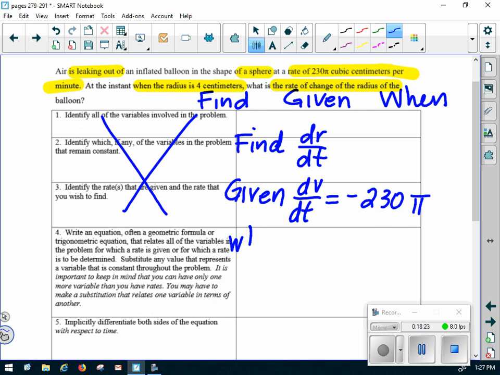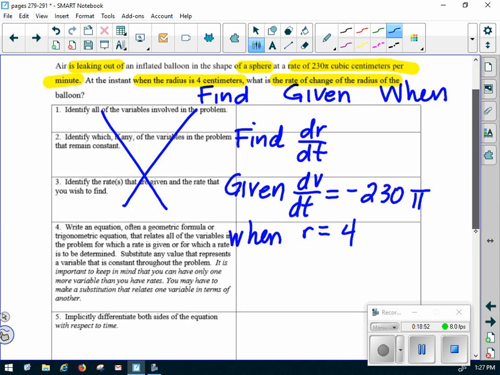When r is 4. Do you understand what we've written down so far? I know what I want to find, I know what I've been given, and I want to know the rate of change of that radius at this particular instant. Okay?